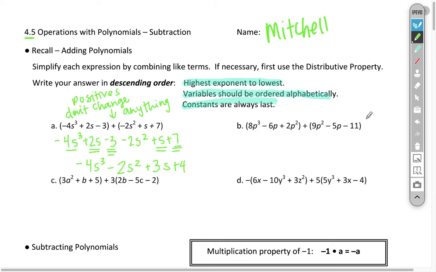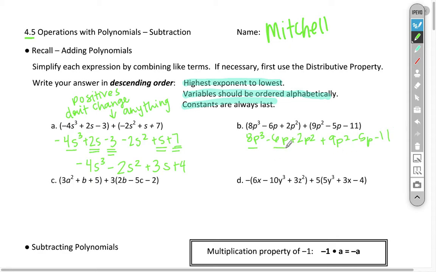Same thing on this side. We are not going to have any changes going on up here, so we're just going to bring this down and then combine like terms. All right, so now we've got it copied down. Let's look at our like terms. So we have 8p cubed. Well, we don't have any other cubed exponents.